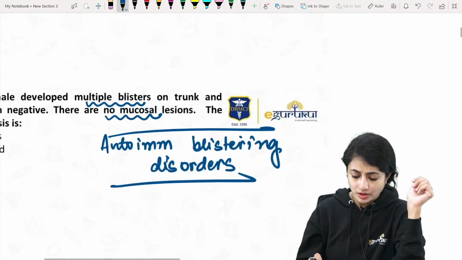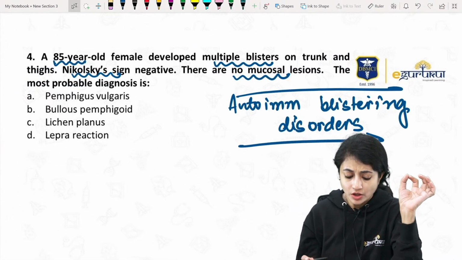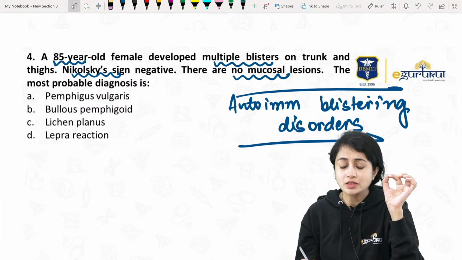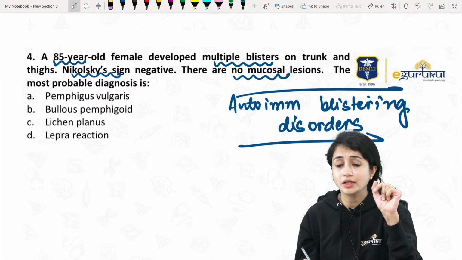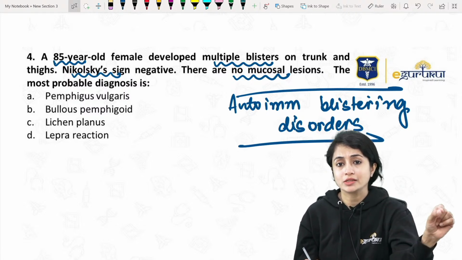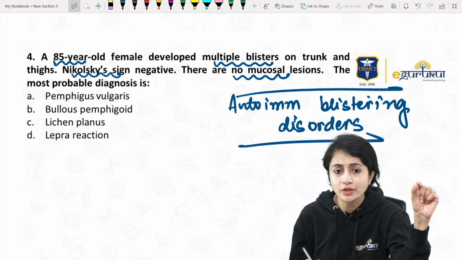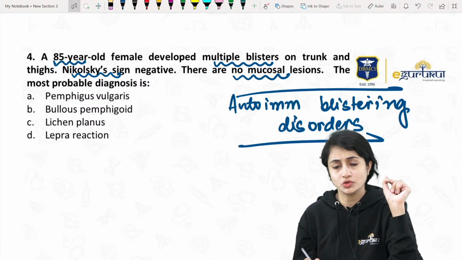Right? Now, so I have a 85-year-old female who develops multiple blisters. Nikolsky sign is negative and no mucosal lesions. Now here they have not told you whether the blisters are flaccid or tense. So how do I differentiate whether it is an intraepidermal disorder or a subepidermal disorder?